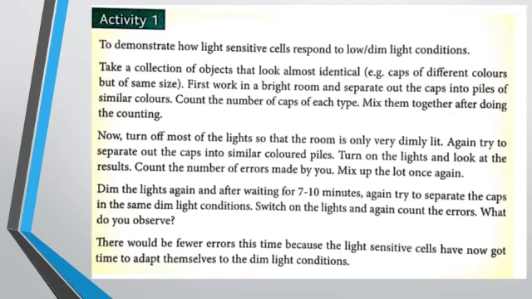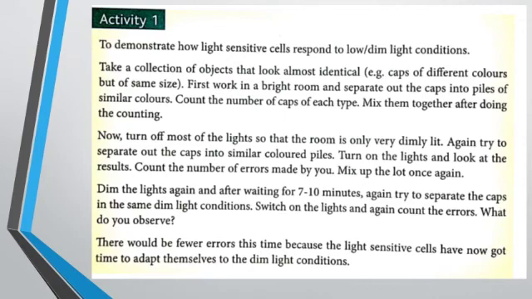First, work in a bright room and separate out the caps into piles of similar colors, and count the number of caps of each type and mix them together after counting. Now turn off most of the light so that the room is only very dimly lit.